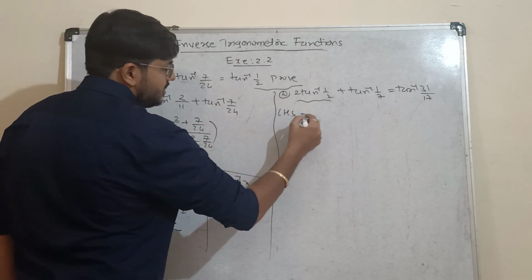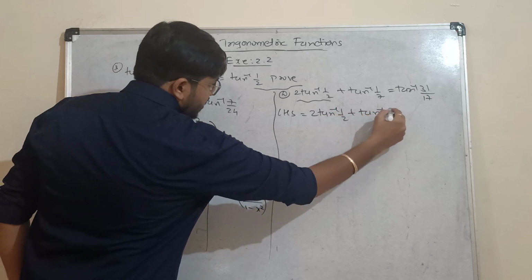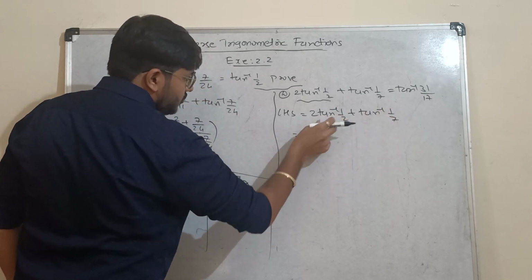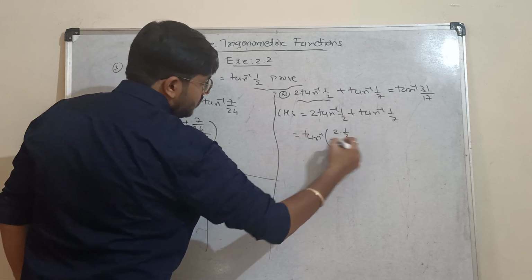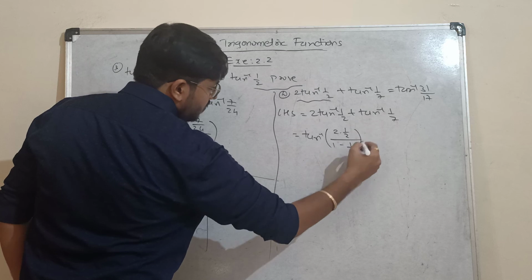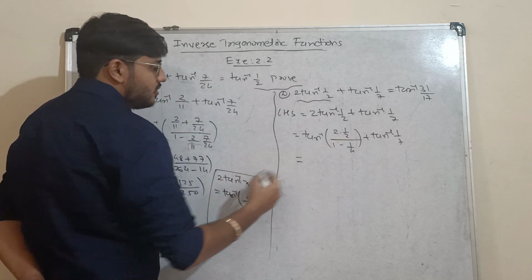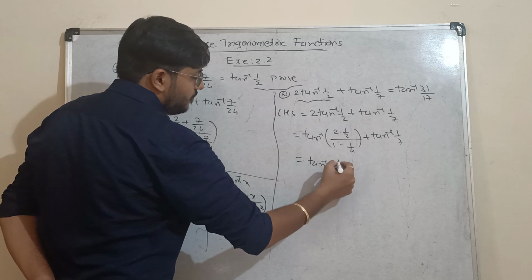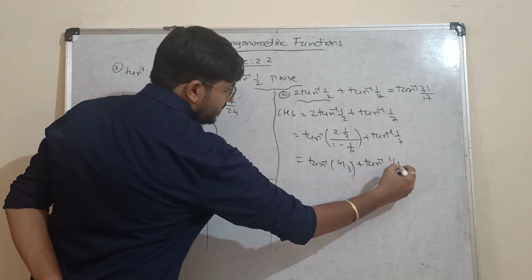So in LHS, it's 2 tan inverse half plus tan inverse 1 by 7. According to the rule, it's tan inverse of 2x upon 1 minus x square, plus tan inverse 1 by 7. So now it will be tan inverse of 4 by 3 plus tan inverse of 1 by 7.